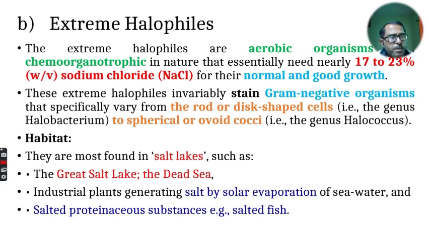This bacteria is also present in fishes which are preserved by using large amounts of sodium chloride salts. That is salted fishes. In this habitat, this extreme halophilic bacteria prominently grow.